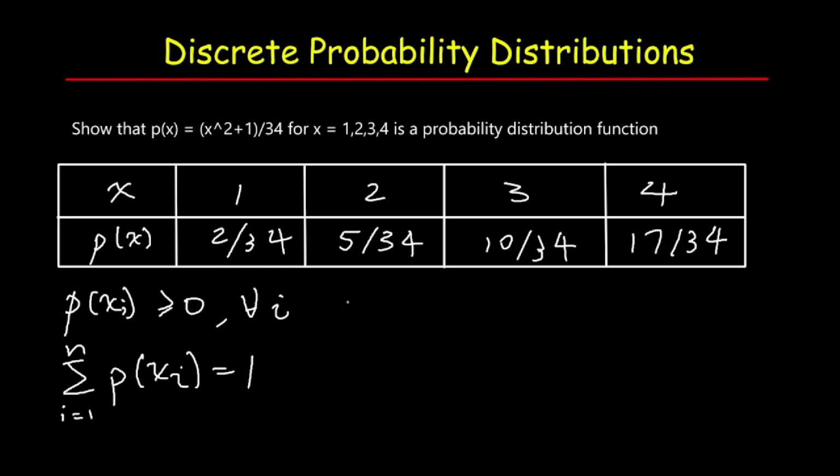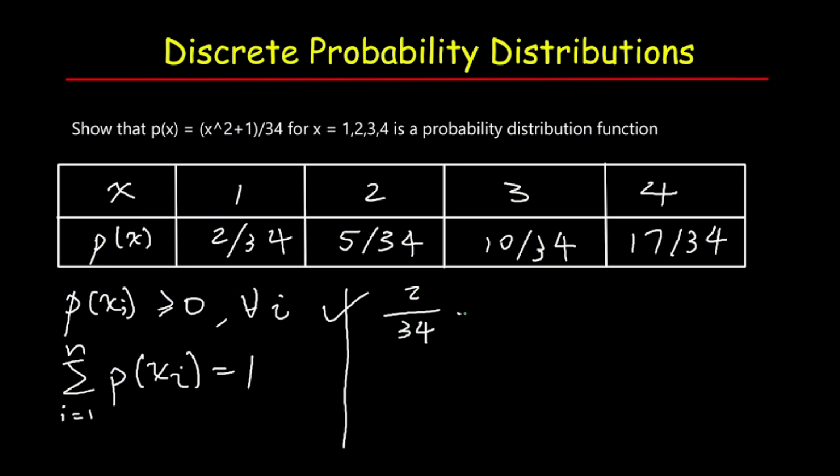And we can test that this is a probability distribution function, first of all, by seeing that all the p(x)'s are indeed greater than or equal to 0, and so we put a check mark beside that. Then we check that the sum is equal to 1.